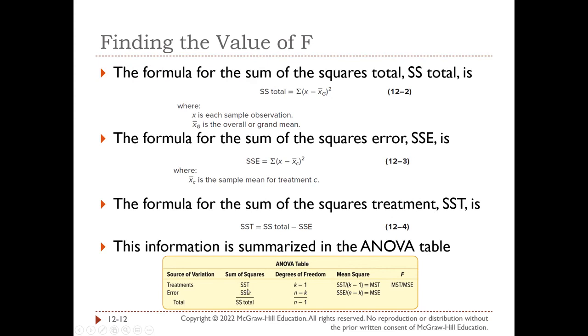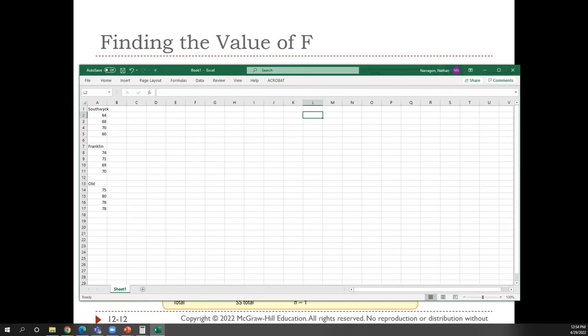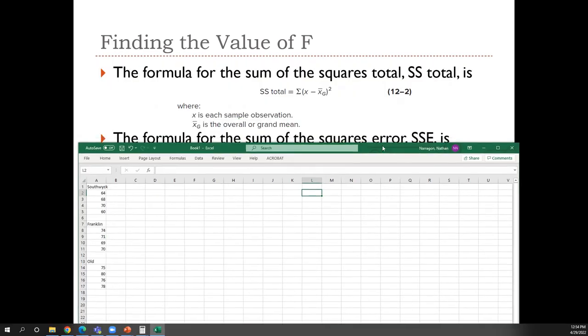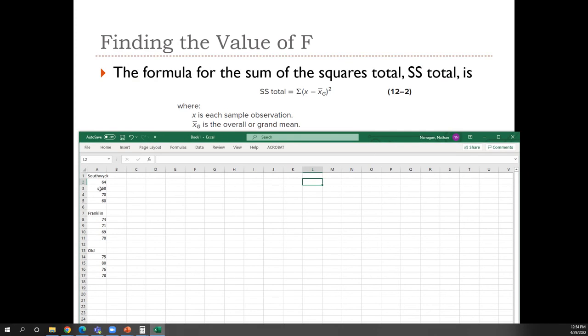Alright, so this is going to be SS total. We're going to get our Excel. First off, we need to find the grand mean.